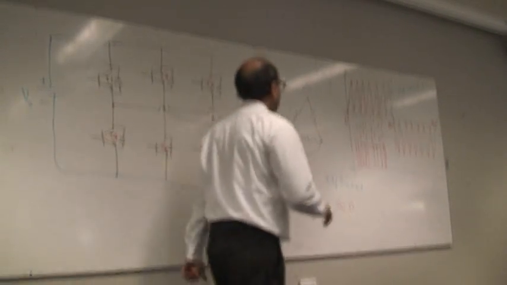There is a way of naming them: T1, T3, T5, T2, T4, T6. It's not T1, T4 and so on. The reason is that it helps in designing the control. Otherwise, you have to be careful while using the control circuit.